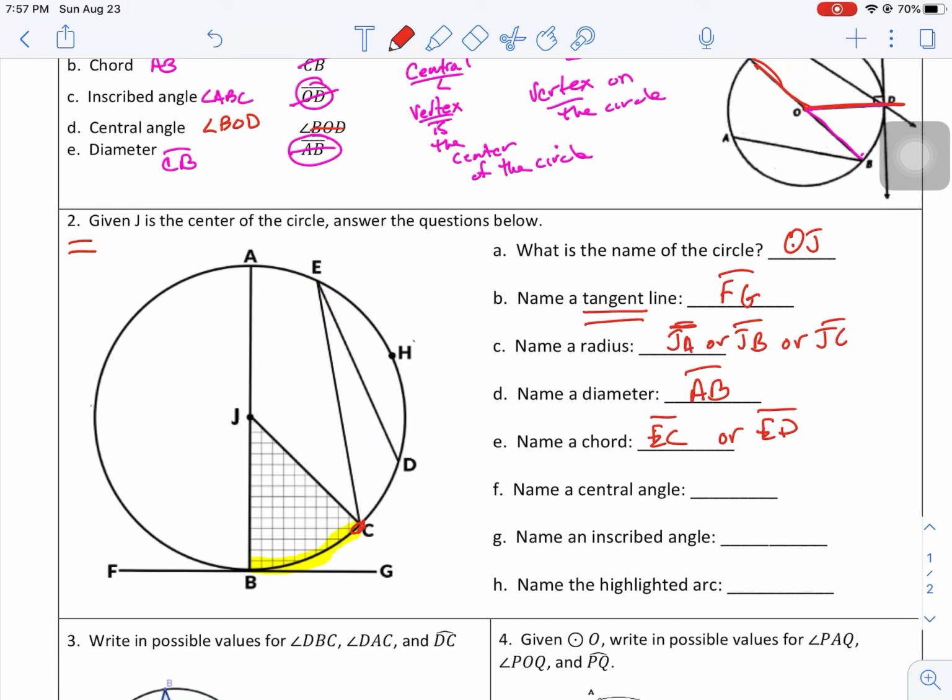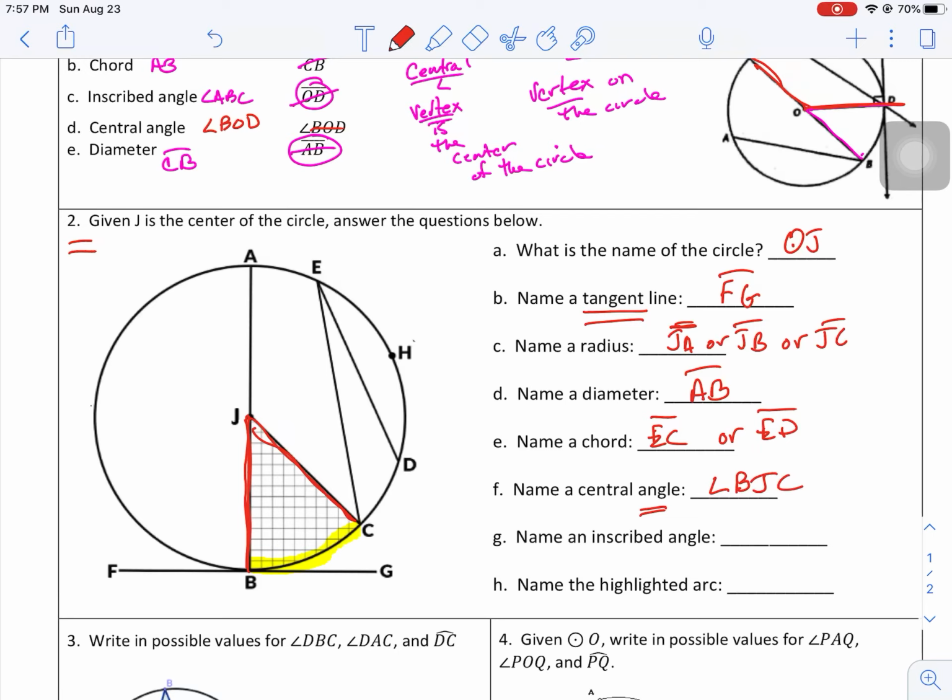Now we're going to come back. Central angle. I see a few central angles. I see an angle, and remember, it's 2 segments where the vertex is the center. Anytime you name an angle, you have to use the angle symbol.